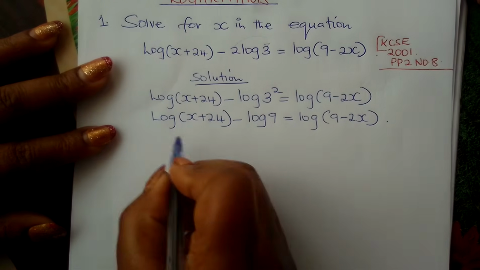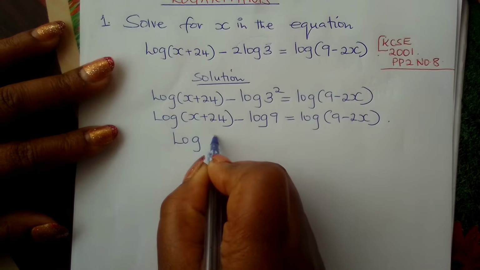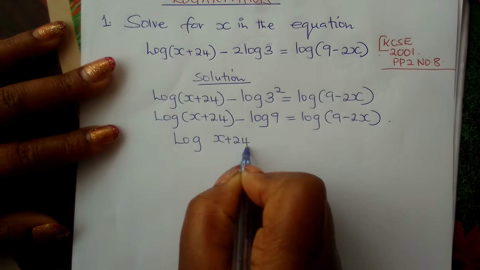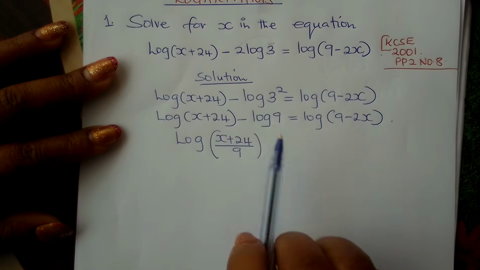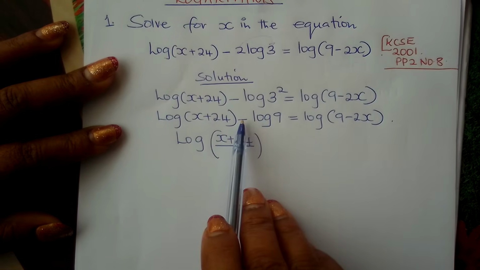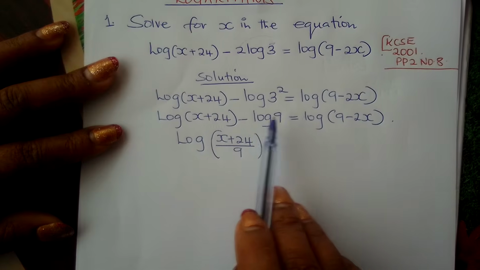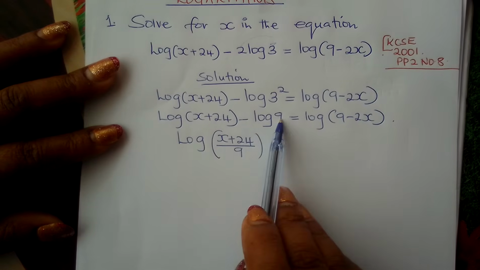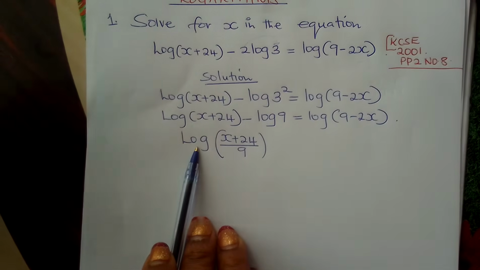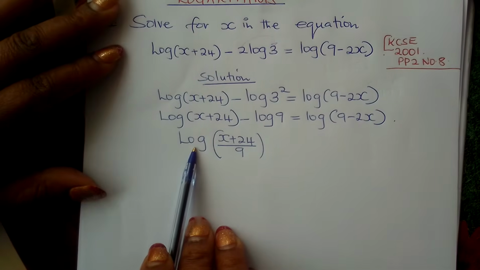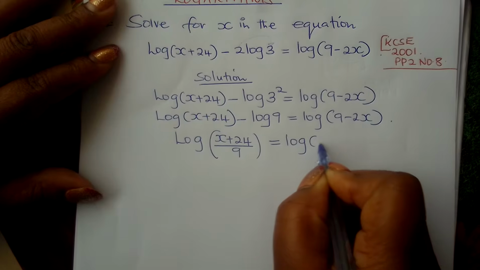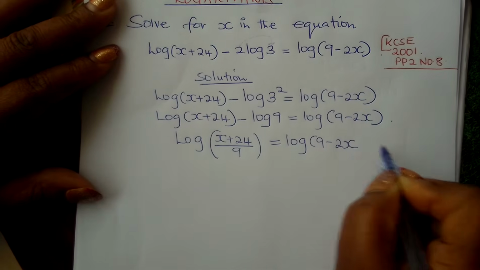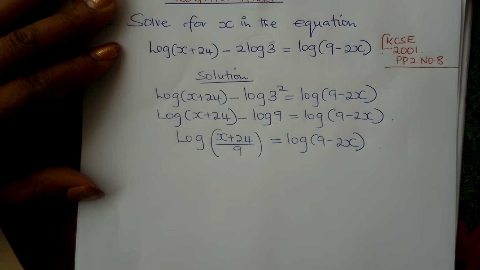This becomes log of (x + 24) divided by 9, learner. Look at this. If you have two logs and you're subtracting, you divide these terms here, this divided by this, as you just write one log according to the laws of logarithms. And therefore this will be equal to log (9 - 2x).